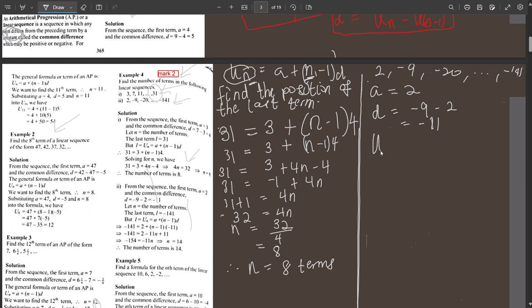So u of n is equal to a plus n minus 1 d. U of n, who is our last term, becomes minus 141. Our first term is 2, plus n minus 1, then d is minus 11.